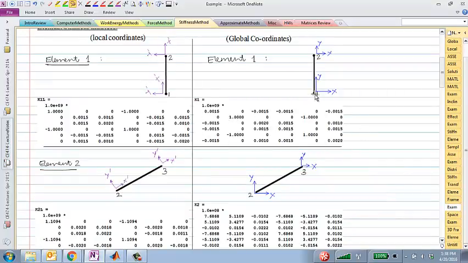Note again that because this element is oriented in the vertical direction, the conversion from this local coordinate system to the global coordinate system is not that complicated. You are just shifting some elements or components to their correct locations. For example, x prime here is the same as y in the global, and y prime here is the same as minus x in the global.